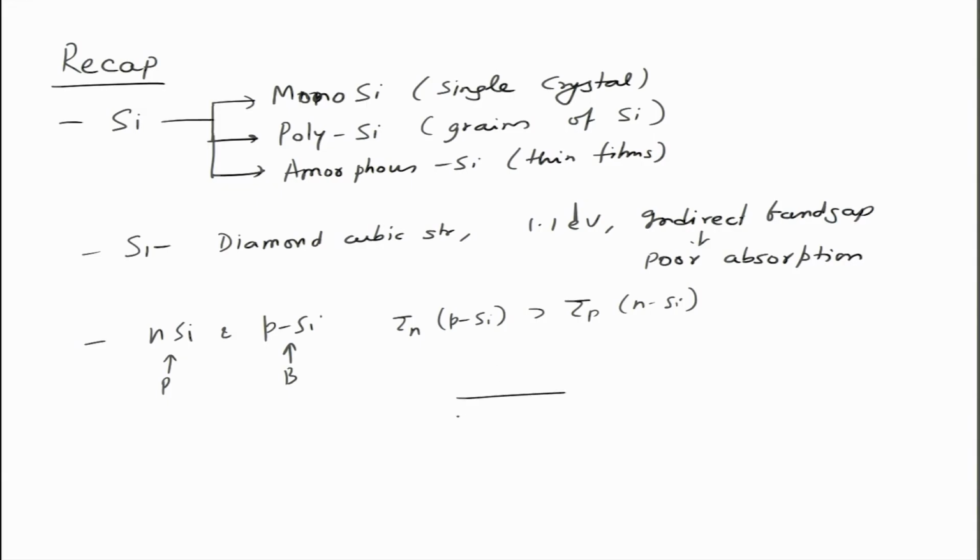So the device form is like this. You have N silicon on top, P silicon at the bottom, and the radiation comes from the top. An important thing in this configuration is that silicon is an opaque material and a light absorber, so the kind of contacts that you put on top of it is very important. There are certain design considerations that we need to follow to make a good device.